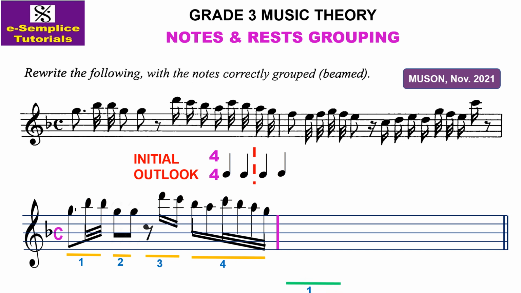The bar line. Start from beat 1 again. Put the notes together to form crotchet 1, the first beat. You'll have that. A quaver and 4 demisemiquavers will form beat 1.